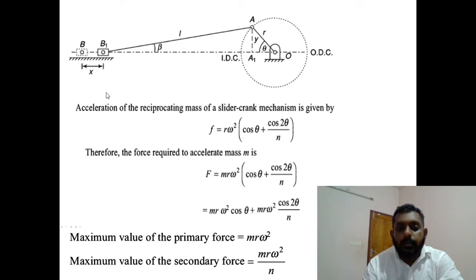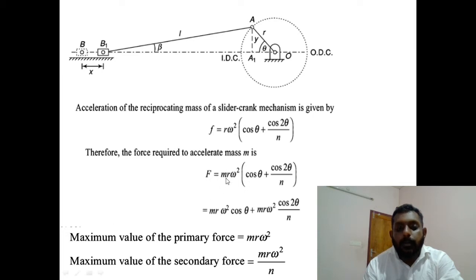And the acceleration f is given by r omega square multiplied by cos theta plus cos 2 theta divided by n. The force required to accelerate the mass m is given by force is equal to mass into acceleration.